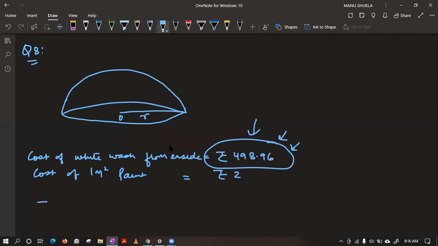We all know the total cost of painting. Utkarsh is saying 20. Utkarsh, it is written as rupees 2.00 per square meter. How 20, Utkarsh? I think it is written over here as 2.00 per square meter in my book.